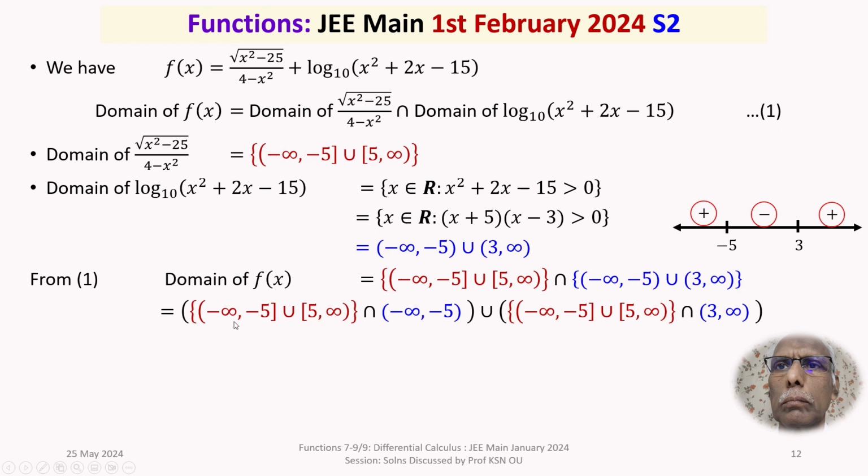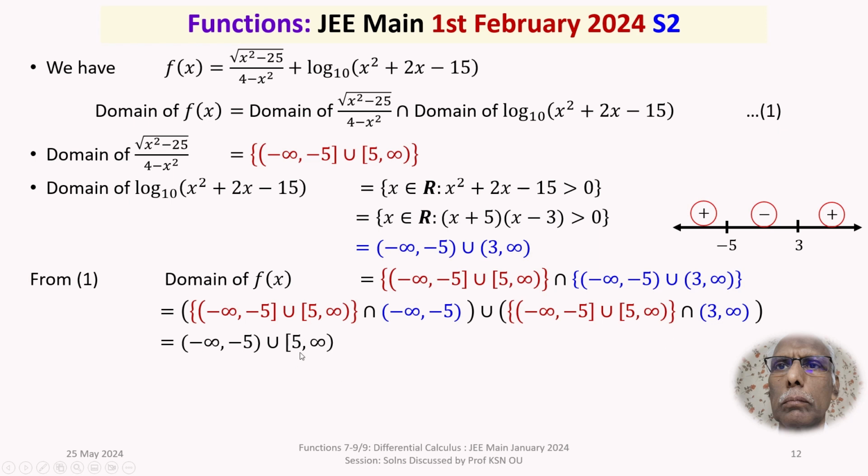Minus infinity to minus 5 intersection 3 to infinity is empty, because these are all negative and those are all positive real numbers. And 5 to infinity intersection 3 to infinity is the smaller of the two, 5 to infinity, closed at 5. So this is minus infinity to minus 5 open, and 5 to infinity closed at 5.